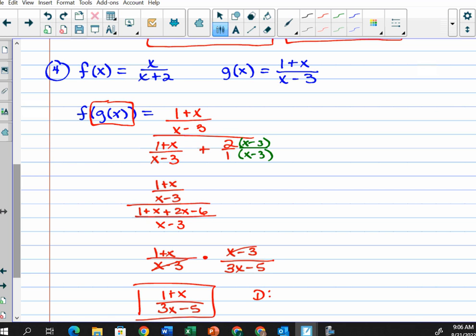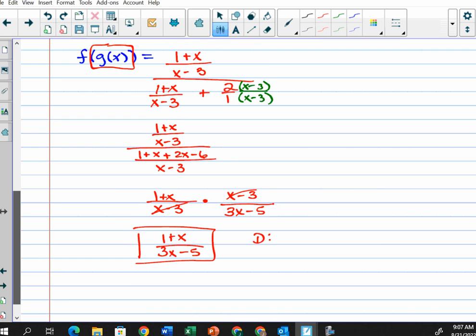If you forget that or can't remember why, just look at your first step. What can x not equal out of this first step? 3, right? And that comes from that g of x function. It's always going to be whatever the inside one was. So look at your first step, look at your last step, and you can get all your domain restrictions. So make sure you write your domain in order.